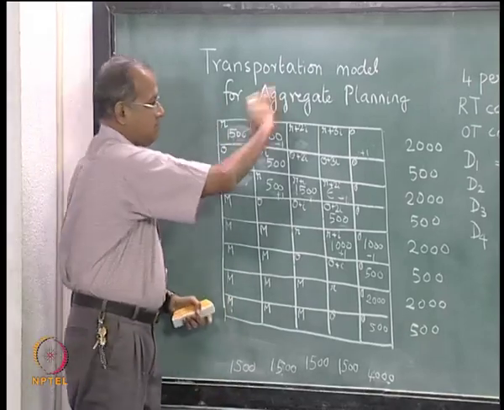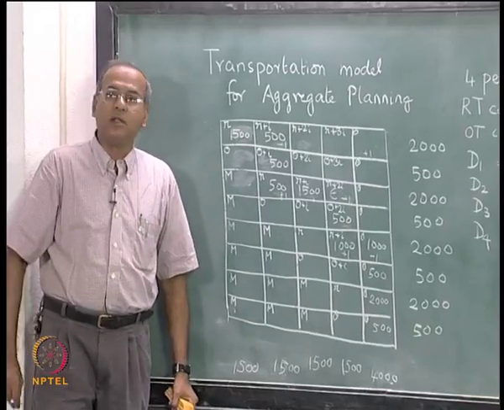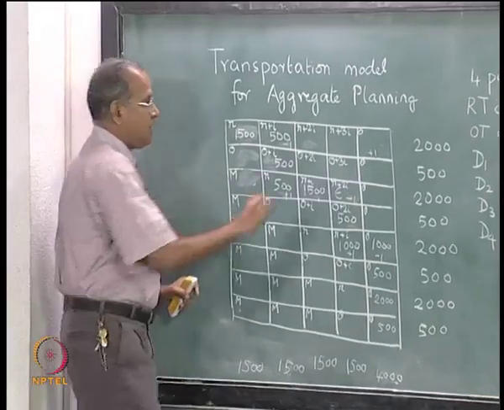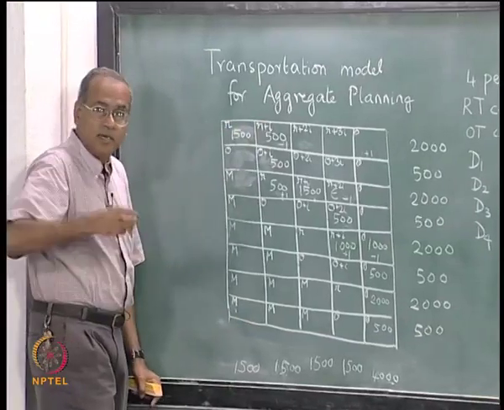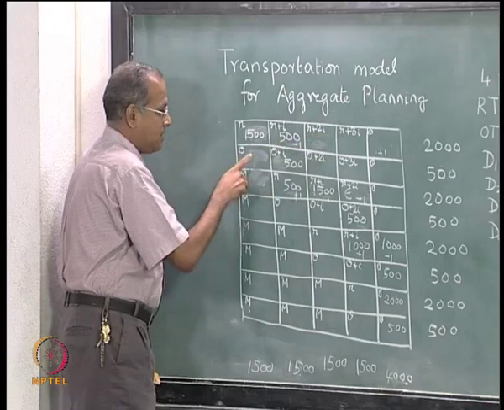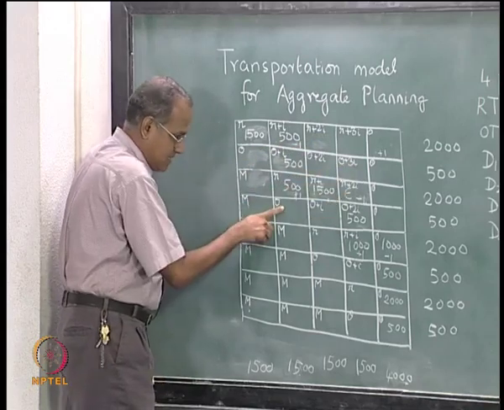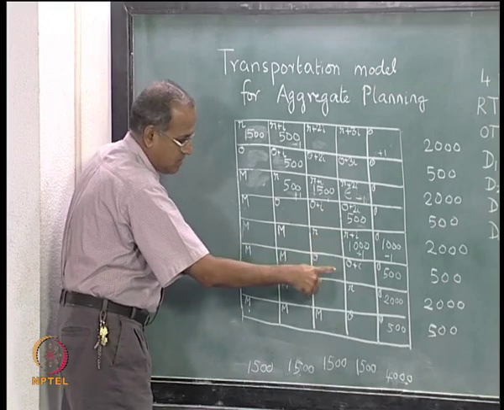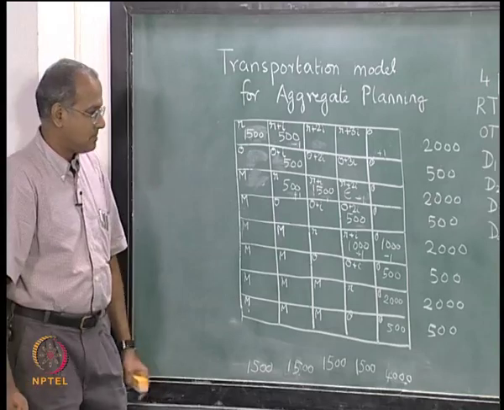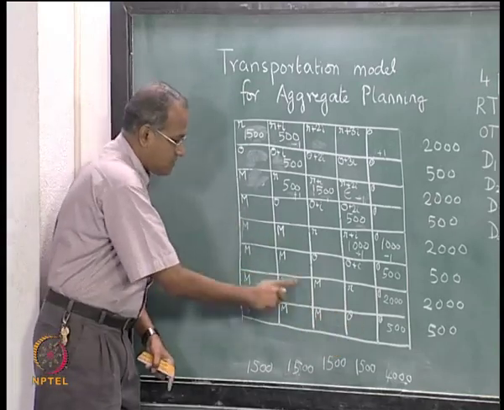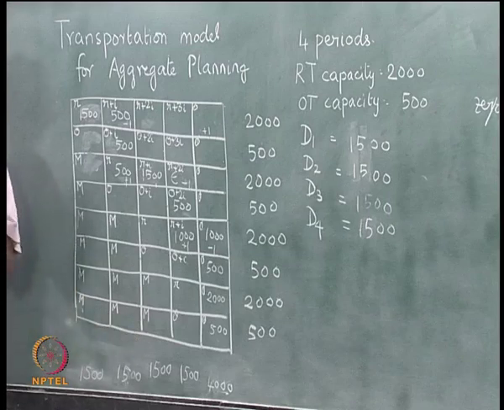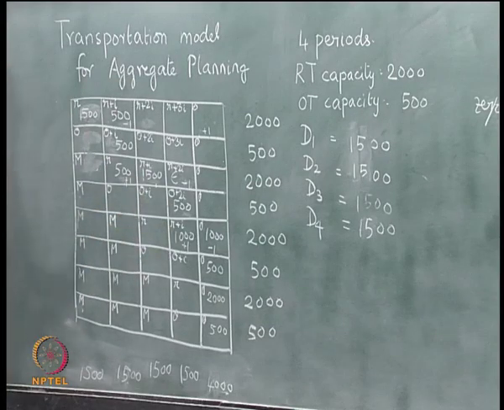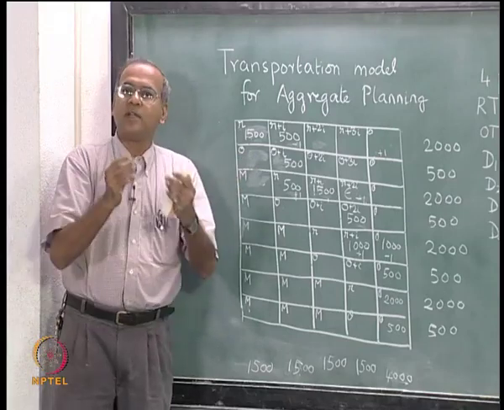So, when we apply the stepping stone method after applying the northwest corner rule, we understand that in all the possible non-dummy positions, for example this, this, this, this, this, this, this, this, this and this, I am not including these because these are not possible positions, because they have a big M. For all the possible non-dummy positions, one can easily show that the net by putting a plus 1 is only 0.